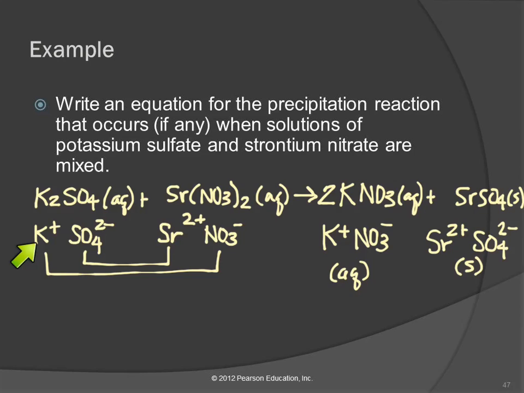Because remember, we said that when an ionic compound dissolves, it forms ions, and the polyatomic ion stays intact. It doesn't come apart. So here we have 1 sulfate ion, and here we've got 1 sulfate ion. 1 strontium, 1 strontium, 2 nitrates, 2 nitrates. There we go. Balanced chemical equation. Any questions?